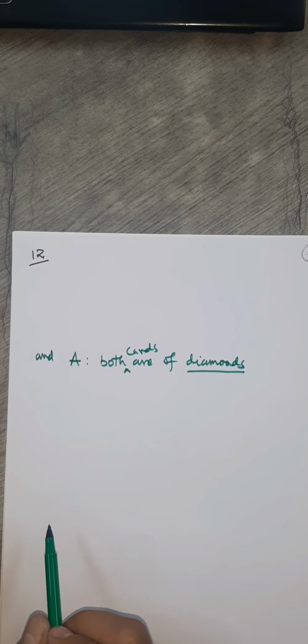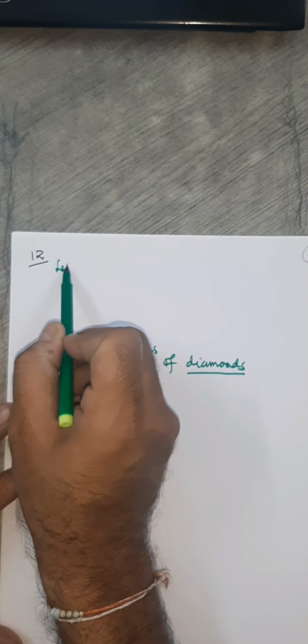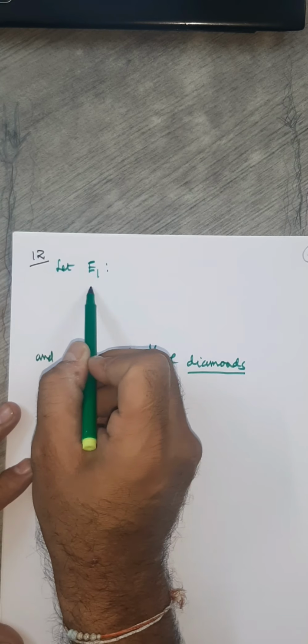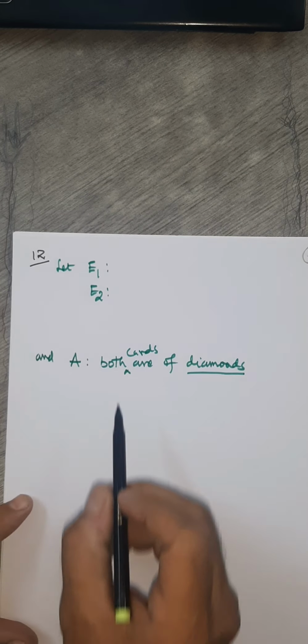Okay, now 2 events are connected with this. We call them event E1 and E2. Now what is the definition of event E1? That is connected with the question. What is the question? Find the probability that the lost card is a diamond. So how do we define the events here?